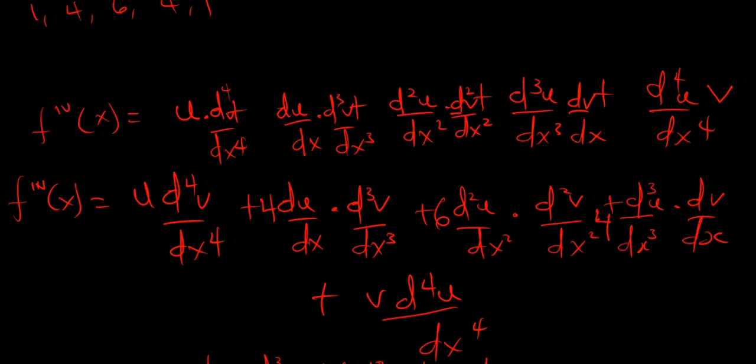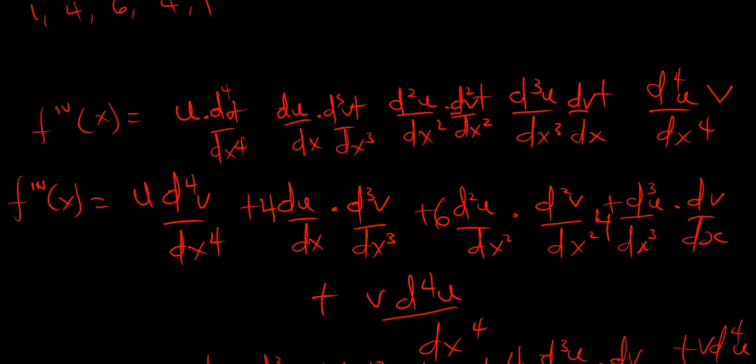plus 4 multiplying d cubed u over dx cubed multiplying dv over dx plus v d to the power 4 u over dx to the power 4.